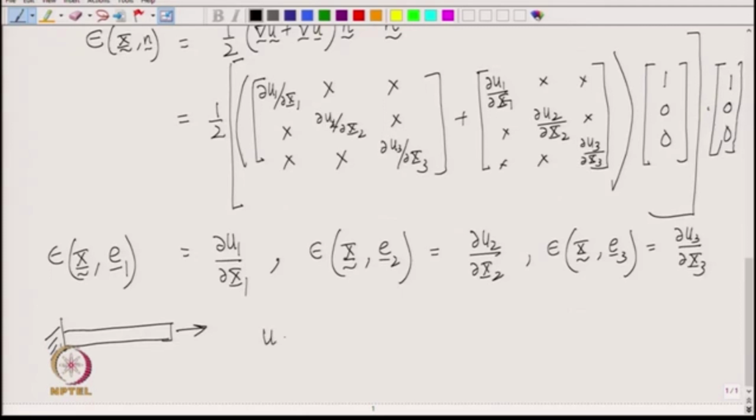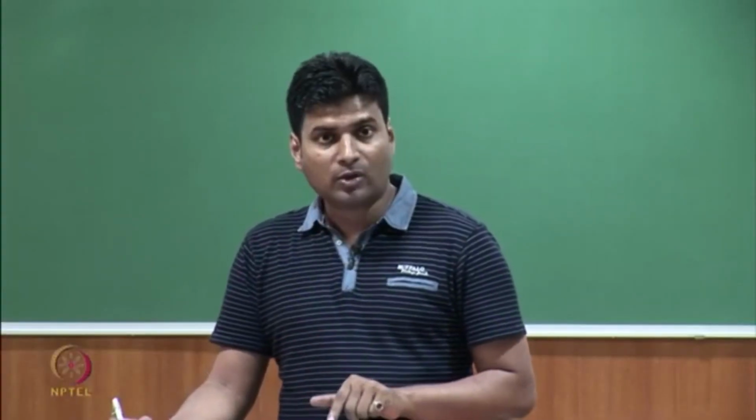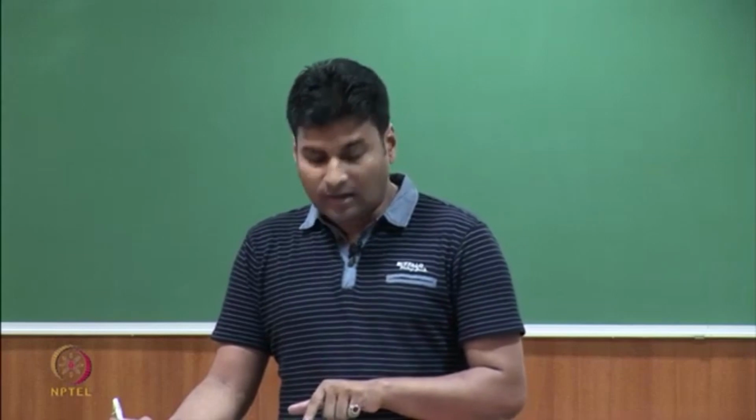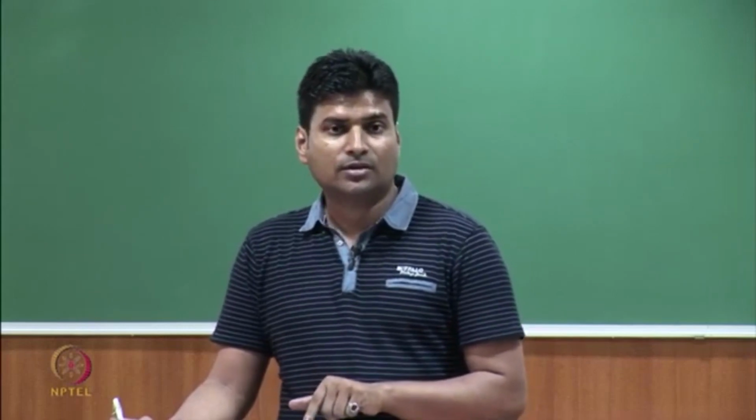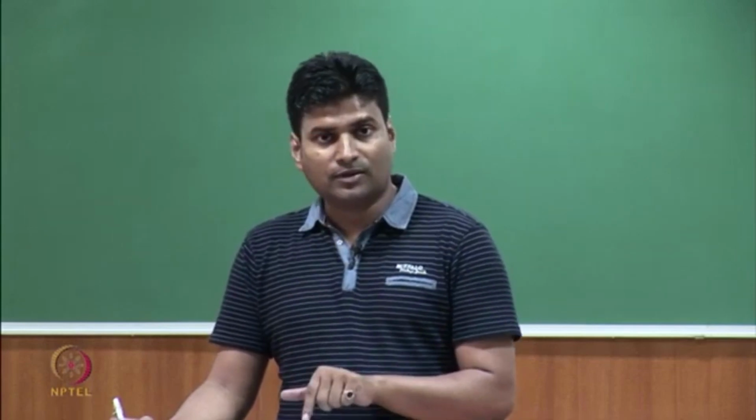So, displacement would be u equal to lambda minus 1 times x. So, when x is equal to 0 at the clamped end, displacement is 0, and as you go away from the clamped end, displacement increases, and it is maximum at the end where we are applying the force, and lambda here is the stretch. So, that is the formula for displacement.